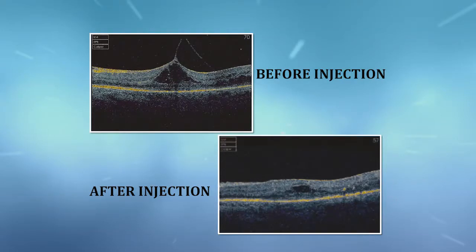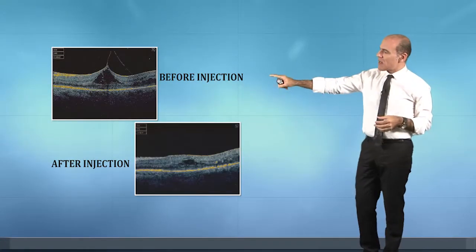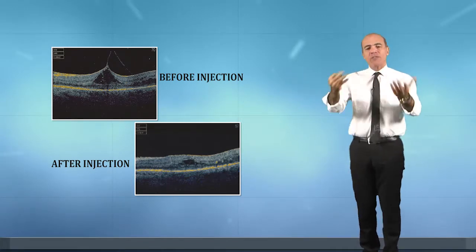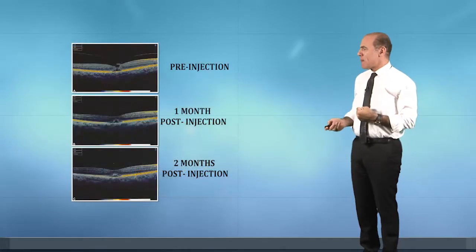Here we can see some cases. Of course, one of the typical cases of ocriplasmin. You can see focal traction with secondary edema. It's impending. That's before injection, and that's 1 month after injection. Of course, you can still see residual fluid, because I said this subretinal fluid can persist for up to 7 months even after surgery, but it will go spontaneously.